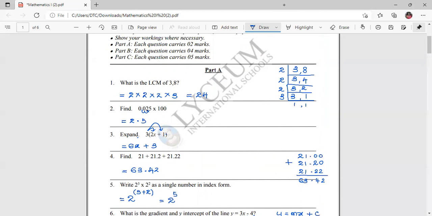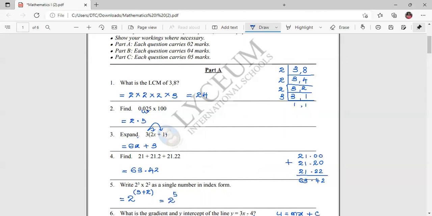Children, some of the children always think we want to start from number 2. That is wrong. Here I use a word: you want to start the division with the lowest possible prime number. Sometimes, whatever numbers they have given, we cannot start dividing by 2.